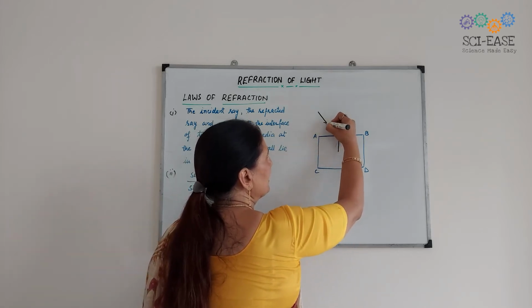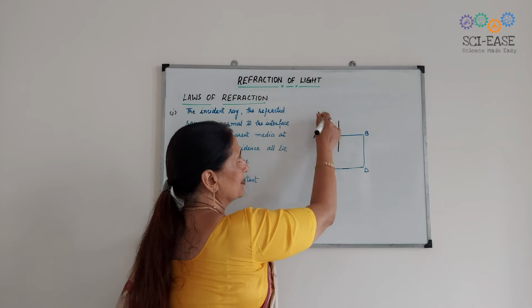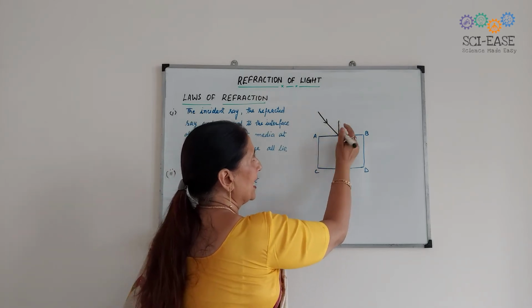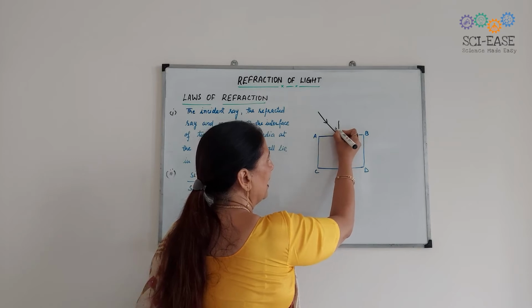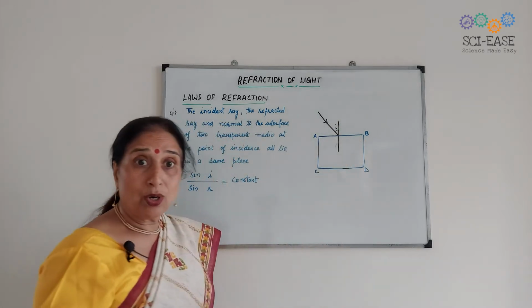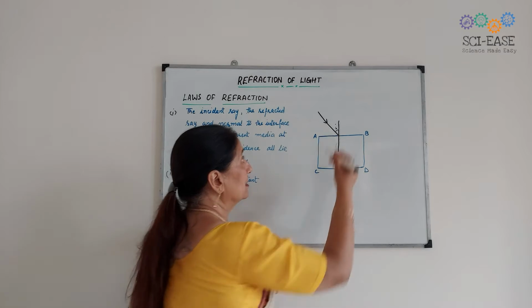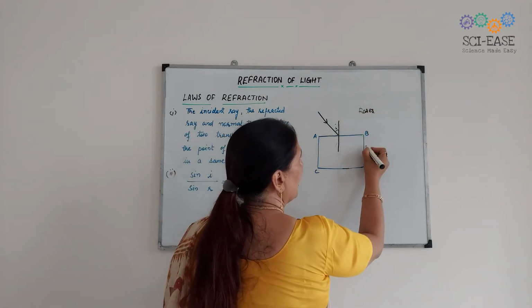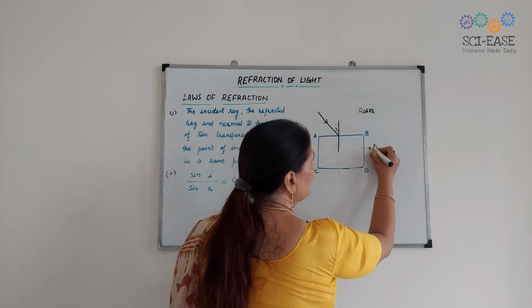This is the incident ray. Suppose this is the incident ray. The angle formed by the incident ray and the normal is angle I. Now this is the rarer medium and glass is the denser medium.